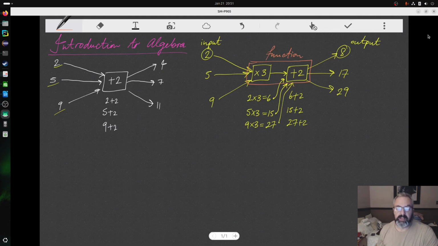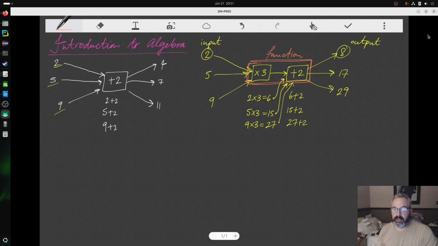Function. Okay. So whatever is happening inside this big block here, whatever the calculations might be that we have inside that block, that entire block, all of those calculations together, we call that a function. And the function has a number of characteristics.